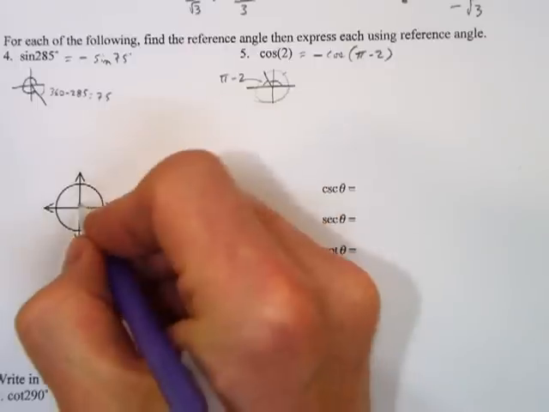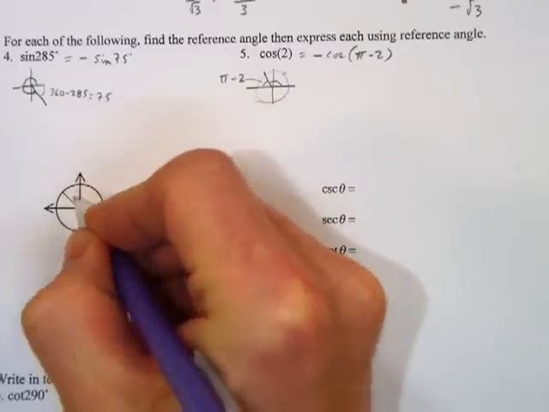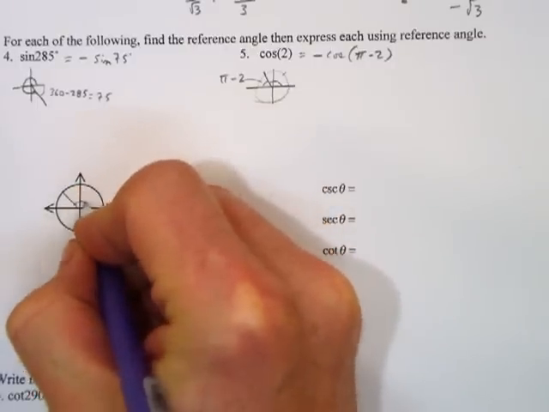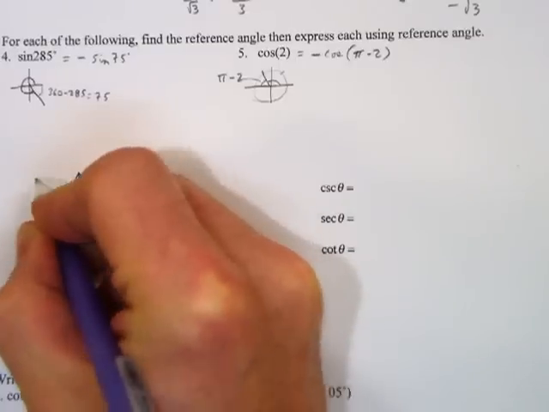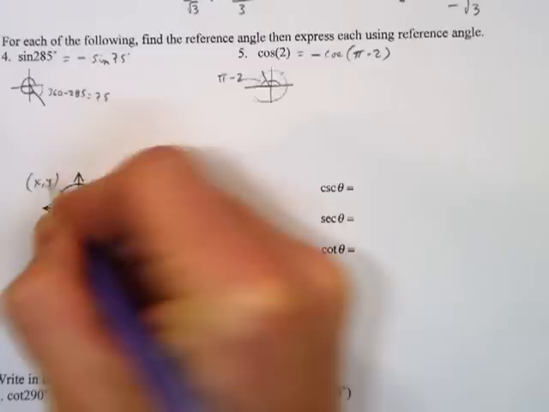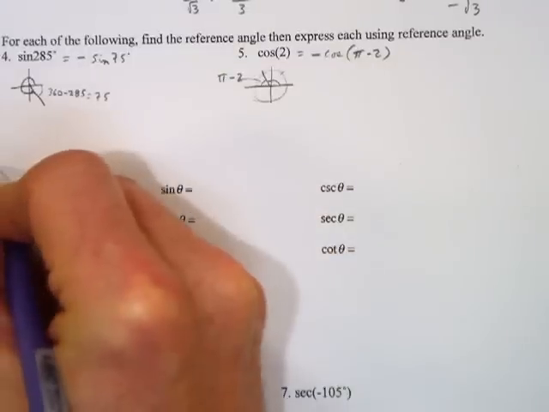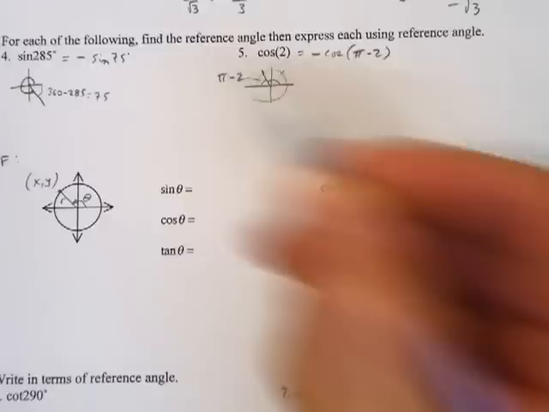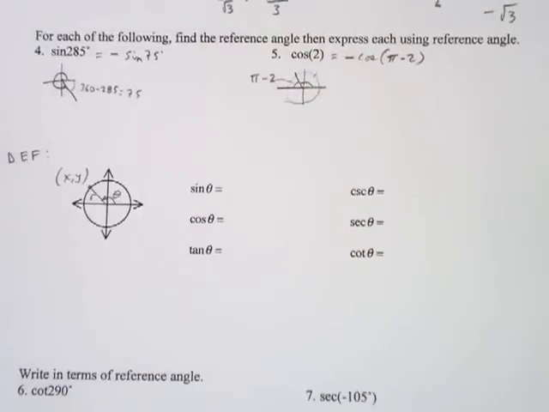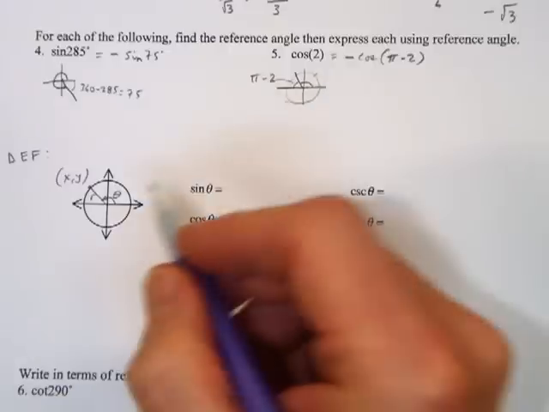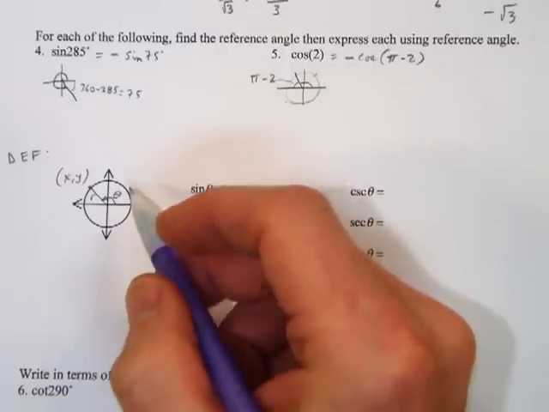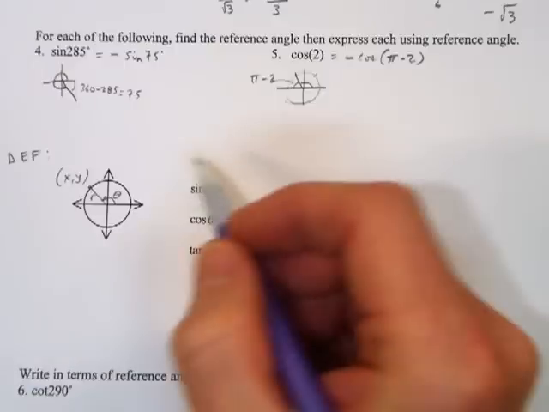And then we're going to start defining some new things here. If I give you this angle, here's theta, we have r, and we have some point x comma y. You can write, here's a definition. The sine of theta, we already know in a unit circle would just be the y value.